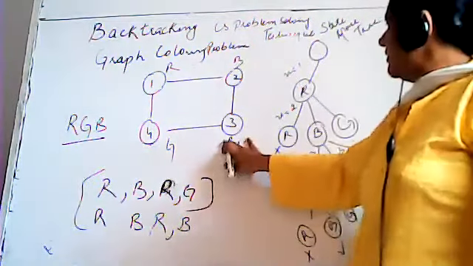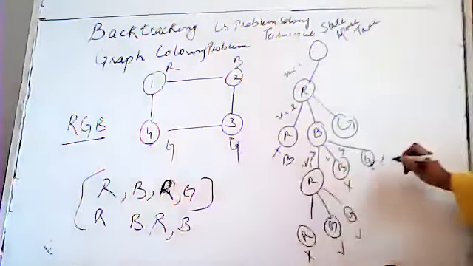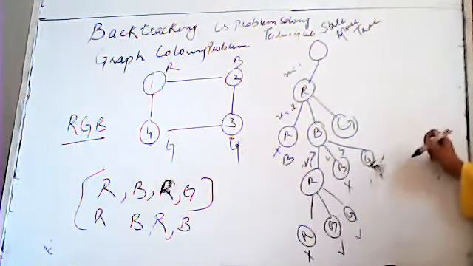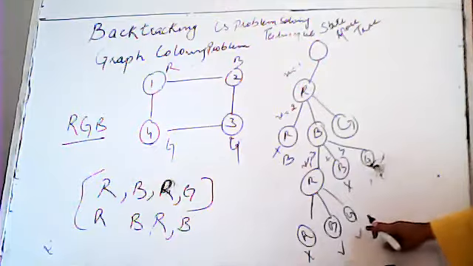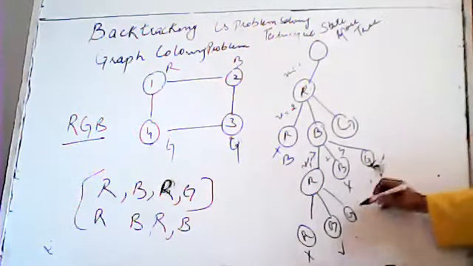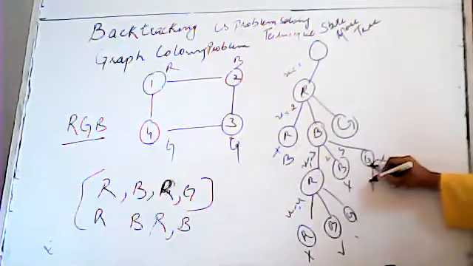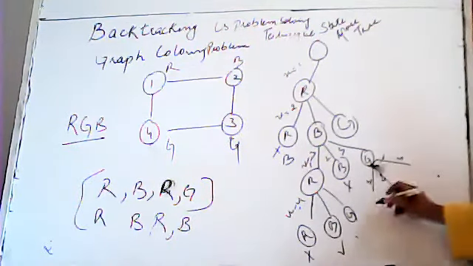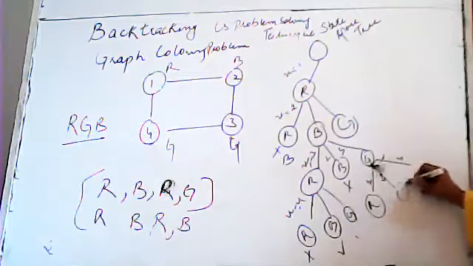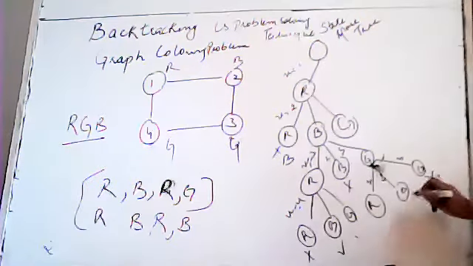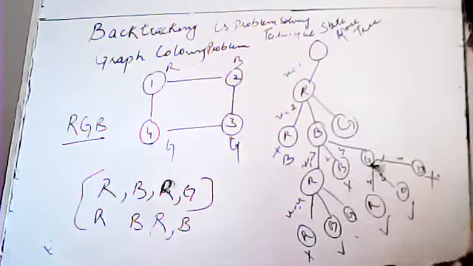Suppose you have given it green. Now what will happen for the fourth node? This is an exercise: 1 2 3, red blue green. Which color can we give? Since node 3 is green, we cannot give it green, but we can give it red or blue.